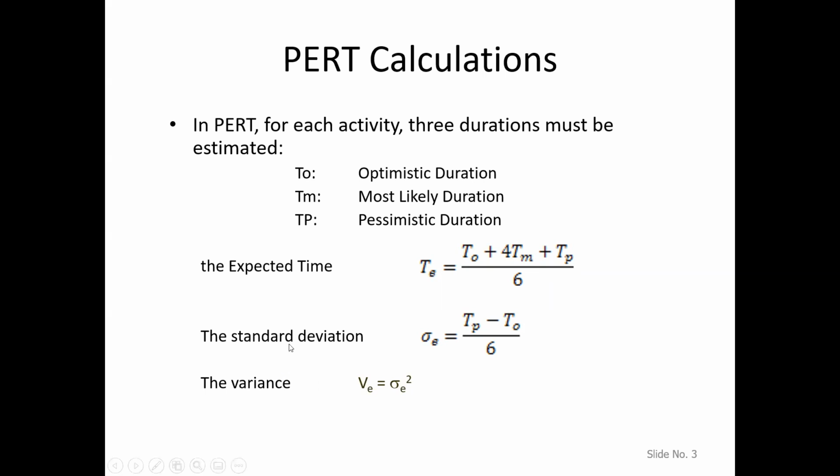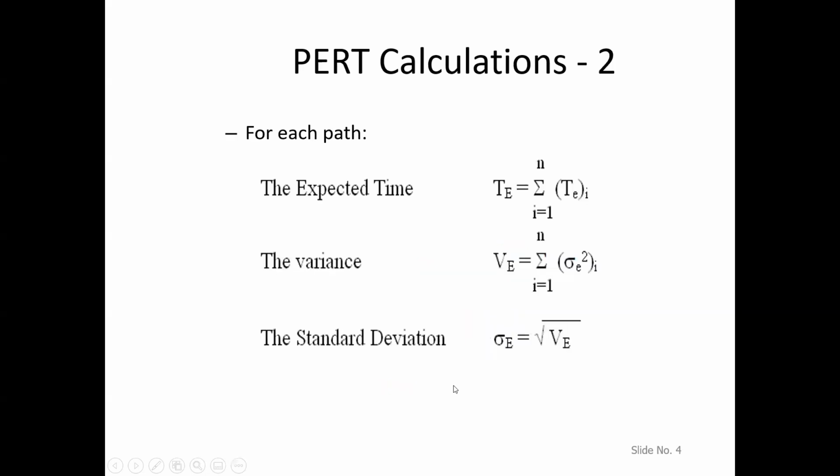From the standard deviation, we can take the square, and this will give us the variance for the activity. We will perform these calculations for each of the activities on the critical path. For each path in the network, we will calculate the expected time for the path, which will be the sum of all the expected durations.